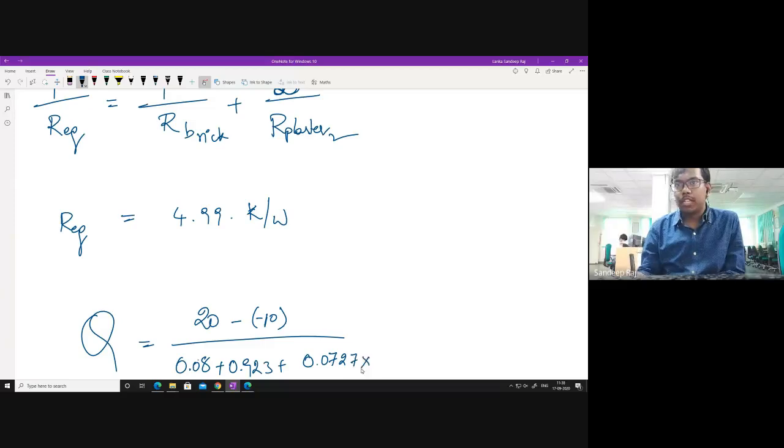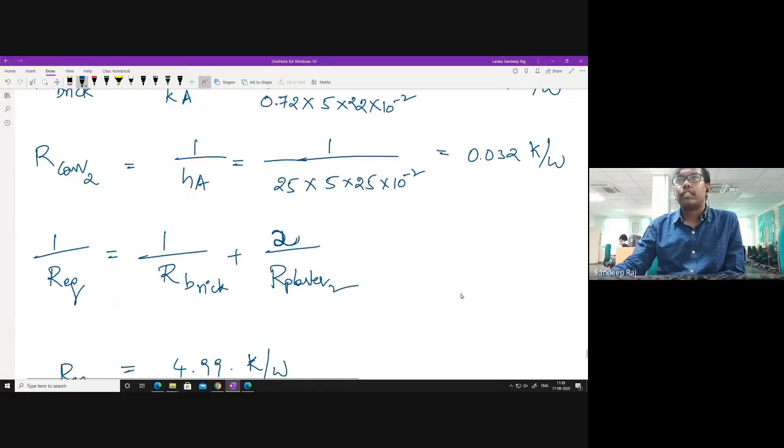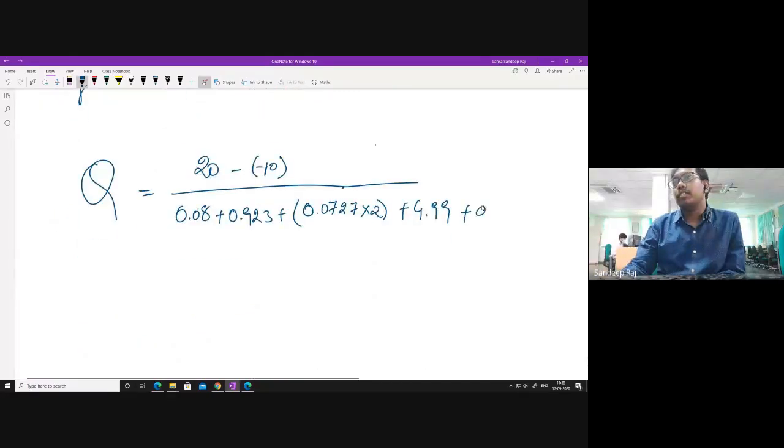Since this is 2 times, I can multiply it with 2 here, because the other side of the brick also has it. And here I'll get R equivalent, it is 4.99, plus the R convection 2, it is 0.032. So that's how we will get Q.